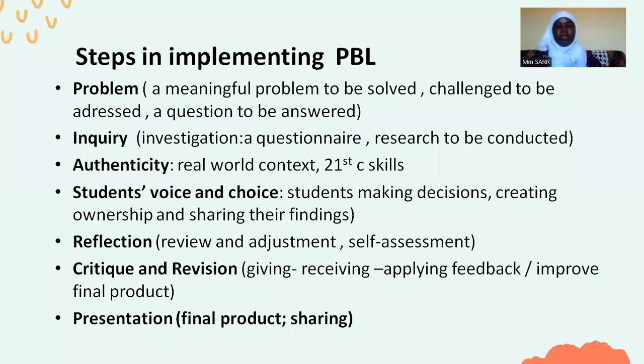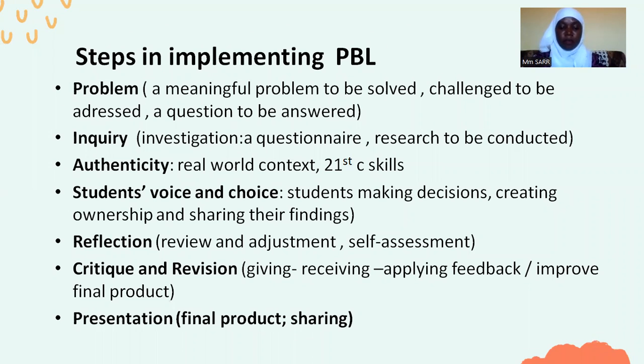Okay. So why critique and revision? In critique here, we will talk about feedback. When they are done with collecting information and analyzing information, before doing the presentation, they have to talk with their peers. Here, they will give feedback.